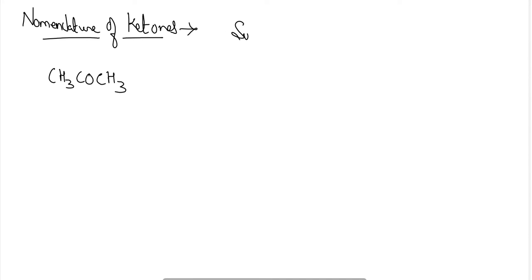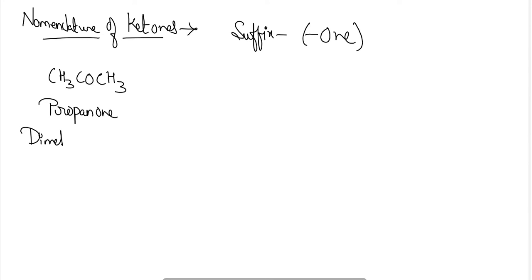Here the suffix which we are going to use for the ketones is one, or you can call it on. So the name of this compound where CH3, CO, CH3, three carbon atoms are there, the chain will form a propane chain. All the single bonds are there and the suffix is one. So the name will be propanone, or the other name can be dimethyl ketone.